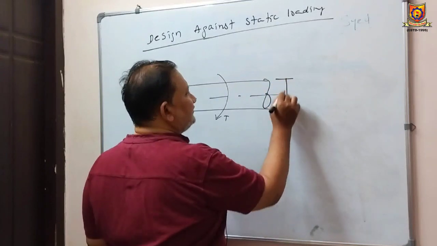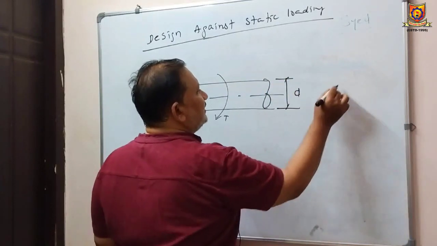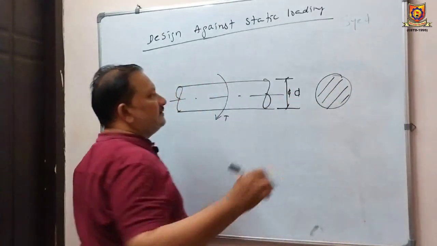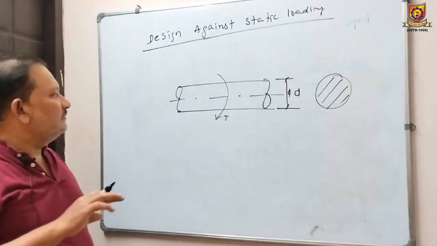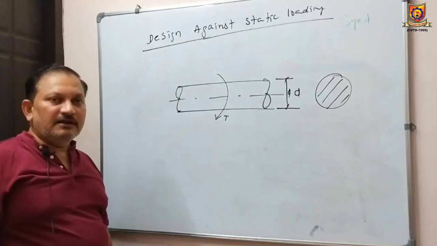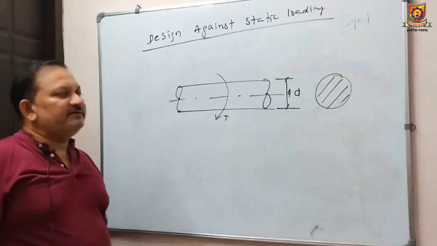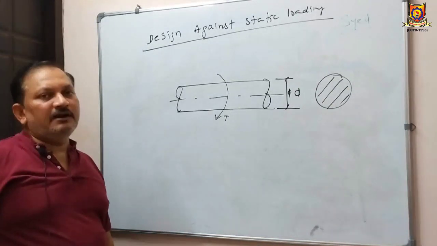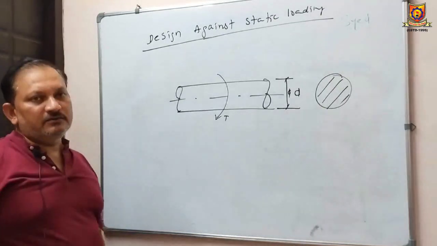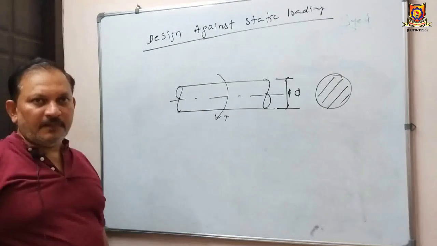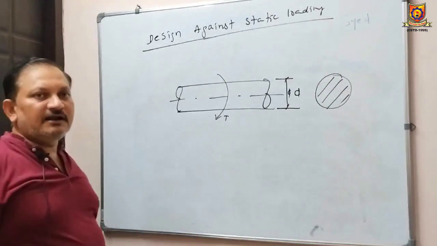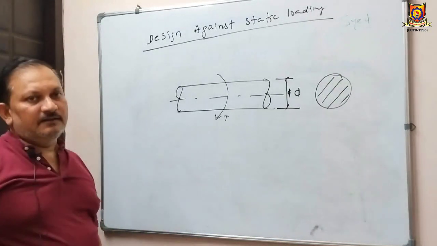Let us say it is a circular shaft of diameter D, which is subjected to a turning moment. Because of this turning moment, or we can say twist, shear stress is going to be induced within this member.